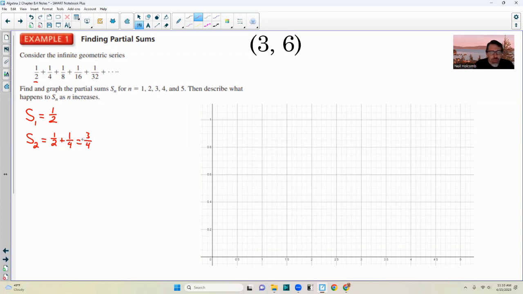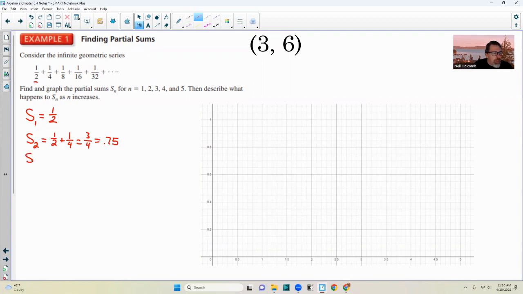So S sub 2 is 3/4. And since we're going to graph on a decimal grid, that's also 0.75 as a decimal.